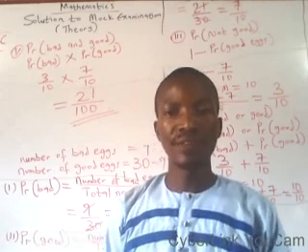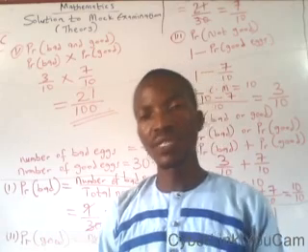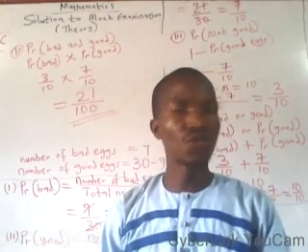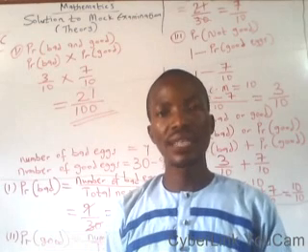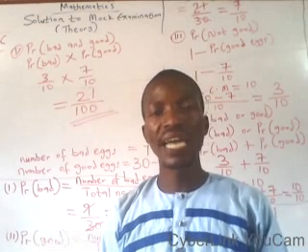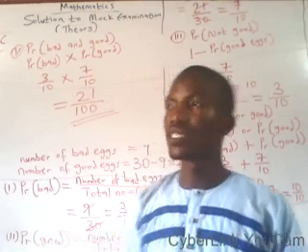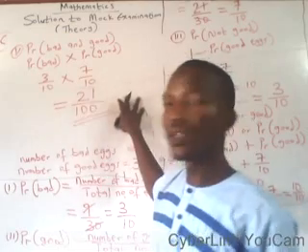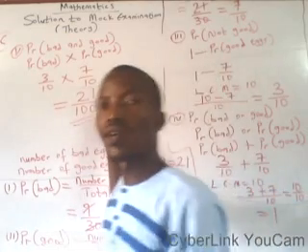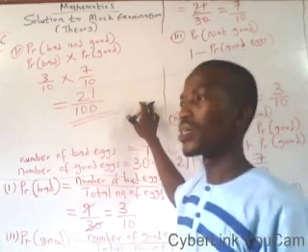You determine the probability of the first one, determine the probability of the second one, then you multiply the two together. That is how you are going to solve it and have the right answer. This is the answer to question 1C of your mock examination.